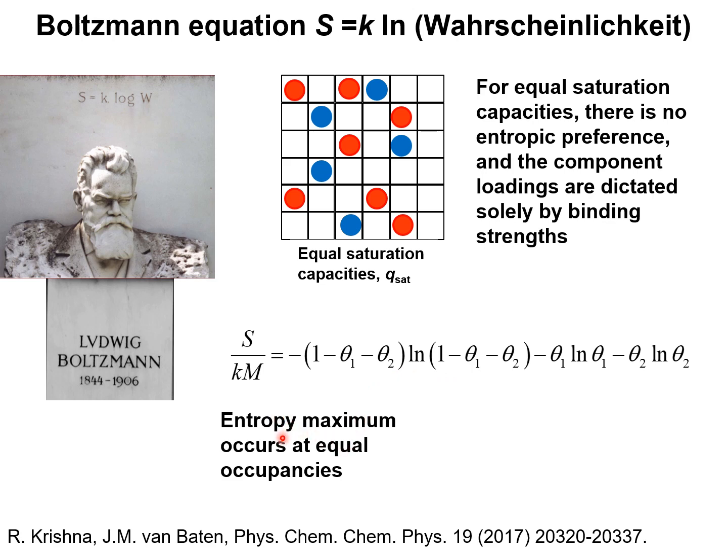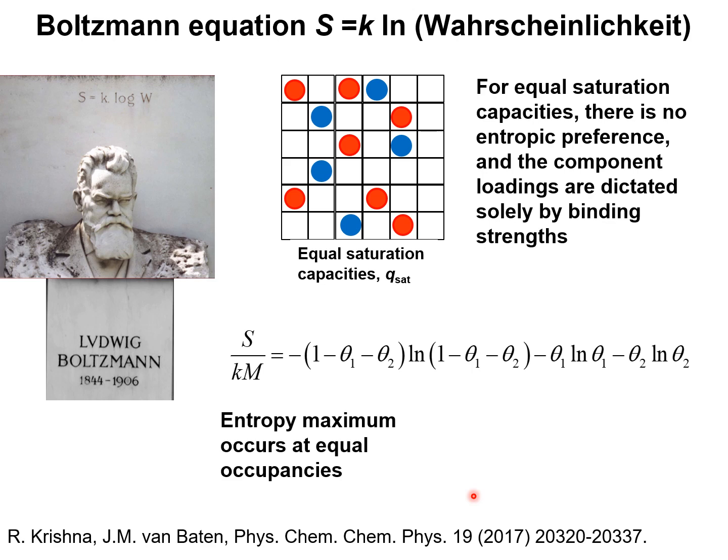The maximum entropy occurs at equal occupancies of each of the components. In other words, if the saturation capacities are the same, the entropy maximization principle suggests that there is no entropic preference to either component 1 or component 2.